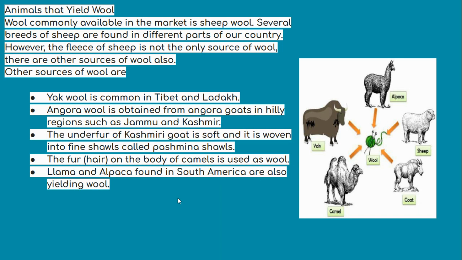The underfur of Kashmiri goat is so soft that it is woven into fine shawls called pashmina shawls. The fur on the body of camel is used as wool. Llama and alpaca found in America also yield wool. So here it is an alpaca, it is a yak, it is a sheep, it is a camel, and it is an angora goat.